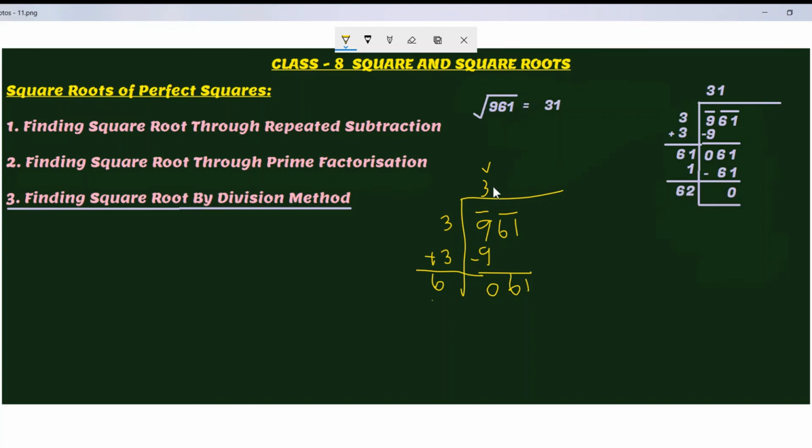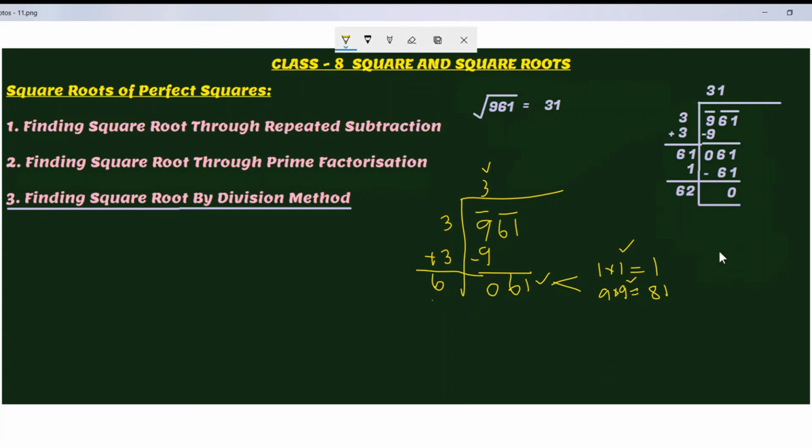To find out the unit digit of the square root, you need to check the unit digit of this number. Here 61 is there. If you multiply 1 into 1, you will get 1, and 9 into 9, you will get 81. In these two cases, the unit digit will be 1. So the unit digit of the square root will be either 1 or 9.